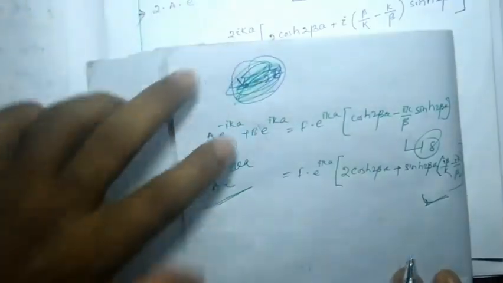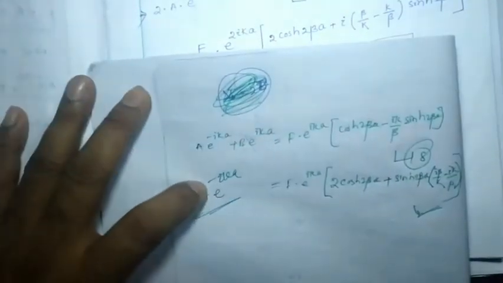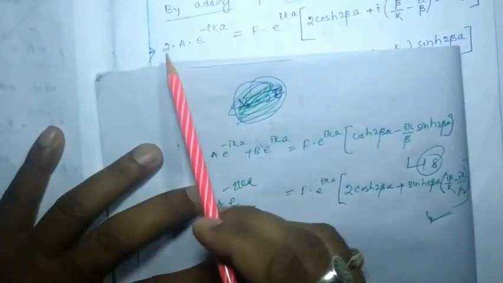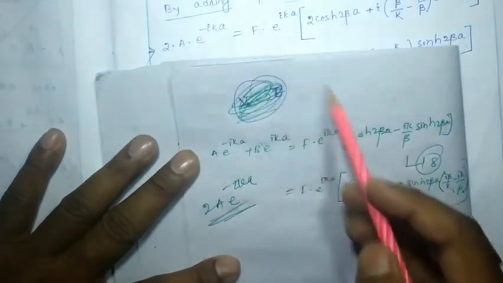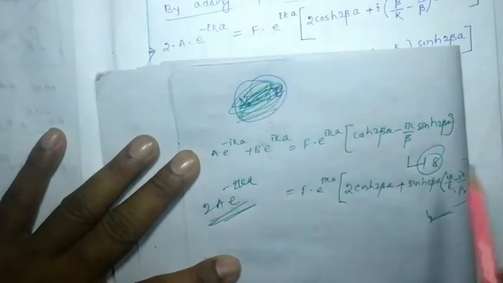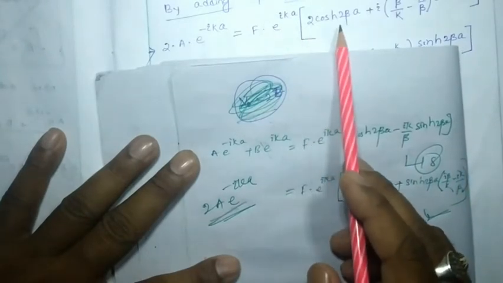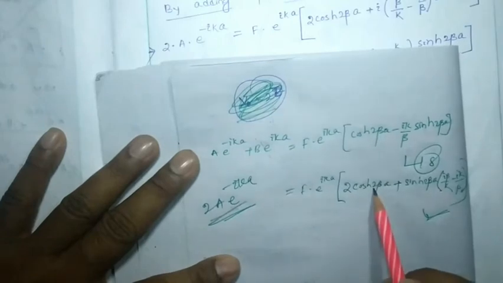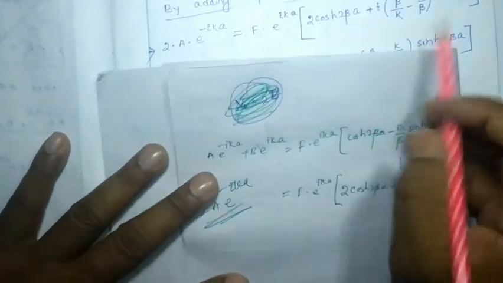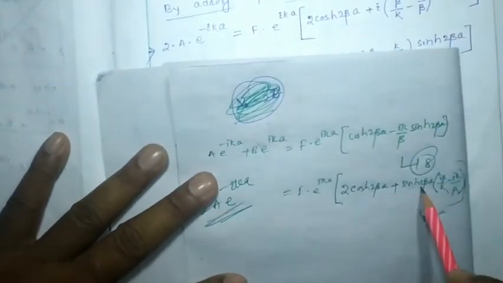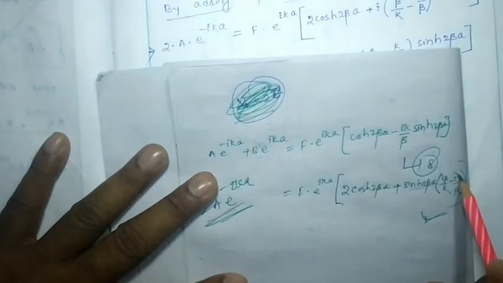So the same thing is written here in the note. What I have written is that after adding, the left side will be 2A e to the power minus ik, which is equal to f e to the power ik into 2 cosh 2 beta a plus sinh 2 beta a into i beta by k minus ik by beta.